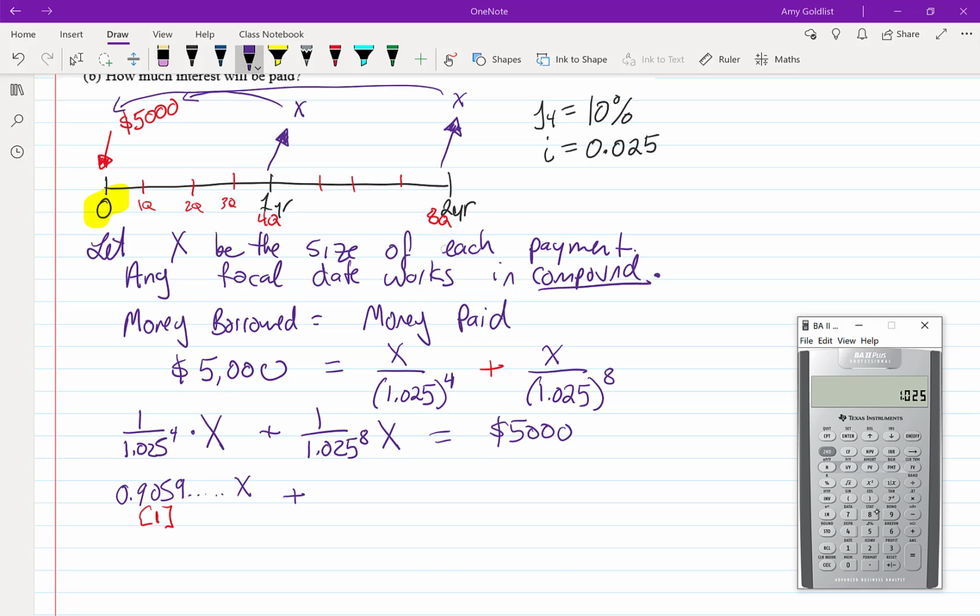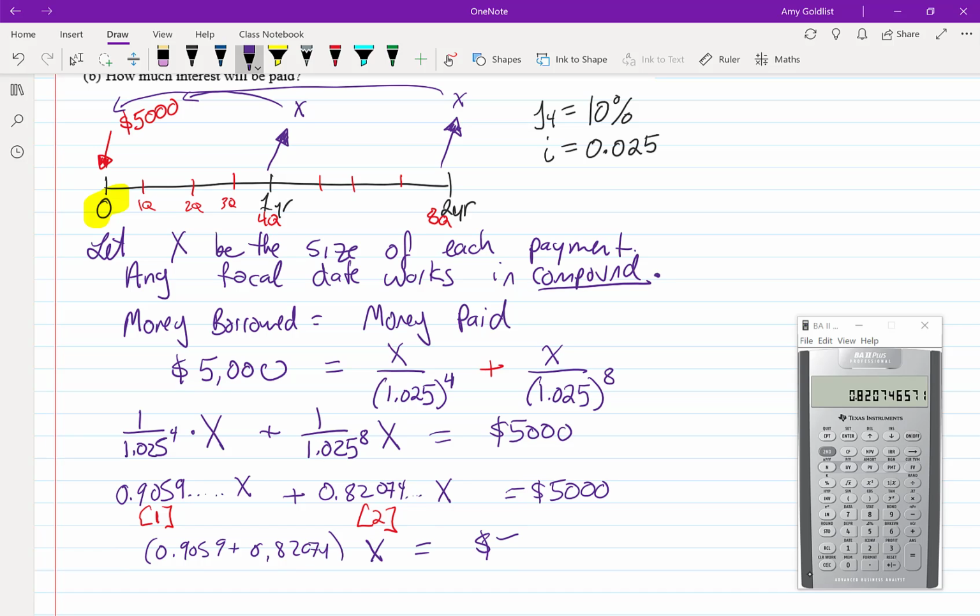Let's do the next part. 1.025 to the power of 8, and then it was 1 over that, so 0.82. And I'm going to store that as 2. And again, let's write down that that was stored as 2, and that whole thing equals $5,000. Now I can factor out that X. So this thing here is going to be recall 1 plus recall 2, and it's 1.72666.